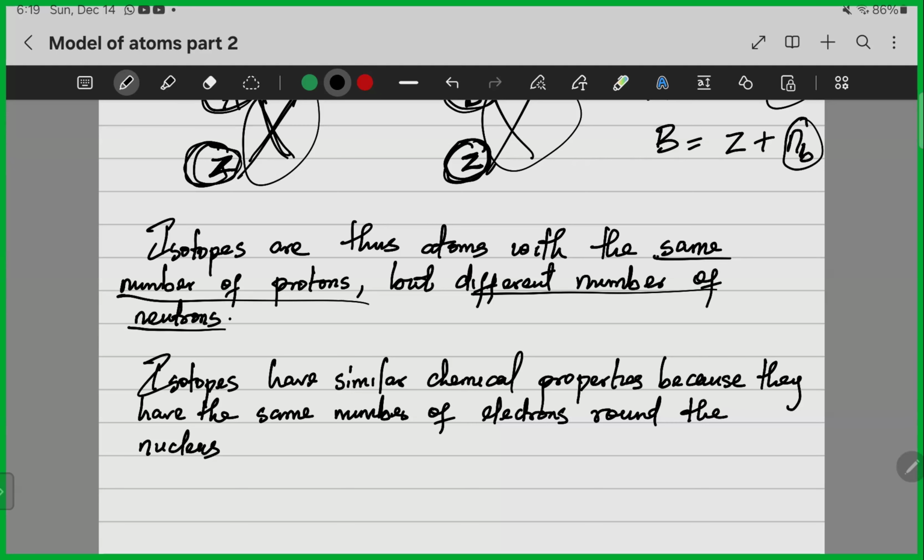So they have the same number of electrons around the nucleus, and that makes them have similar chemical properties. Most of the chemical properties depend on the number of electrons. So since they have the same number of electrons, they should have similar chemical properties.